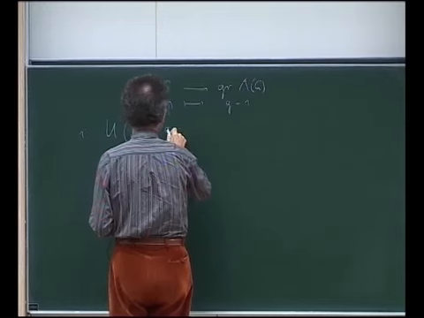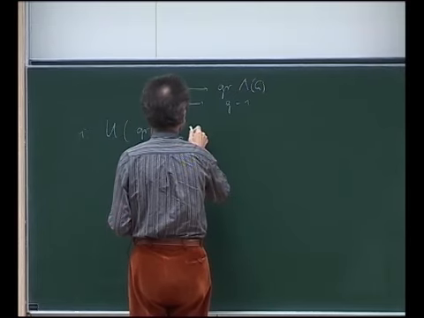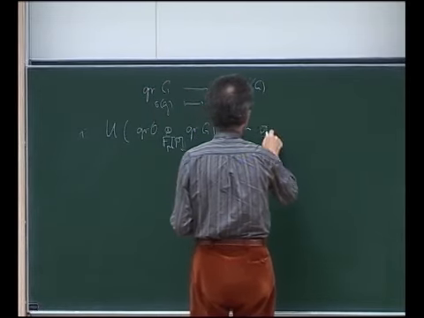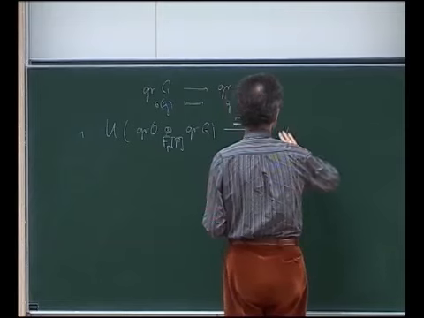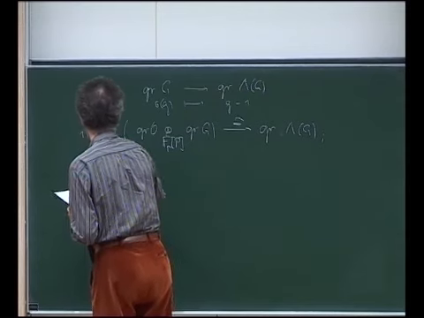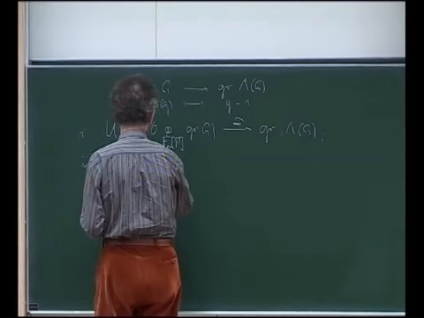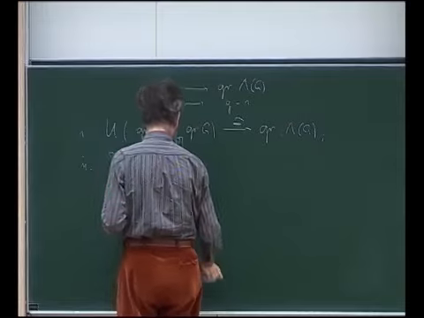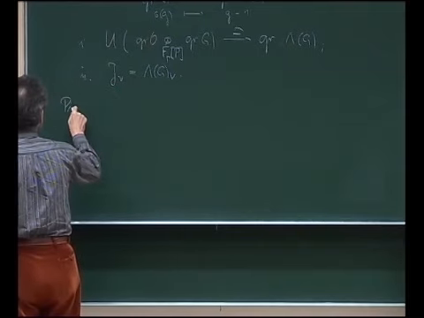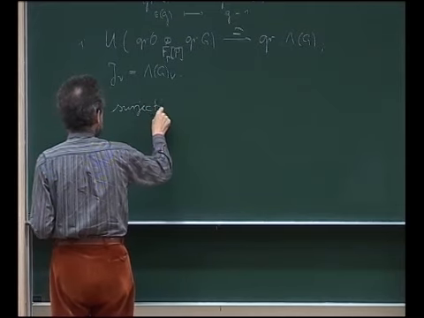And then the first statement was that this induces a map, maybe I write it now today this way, from gr O over F_p to gr lambda G. And the second assertion was that the two filtrations, J nu and lambda G nu, coincide.